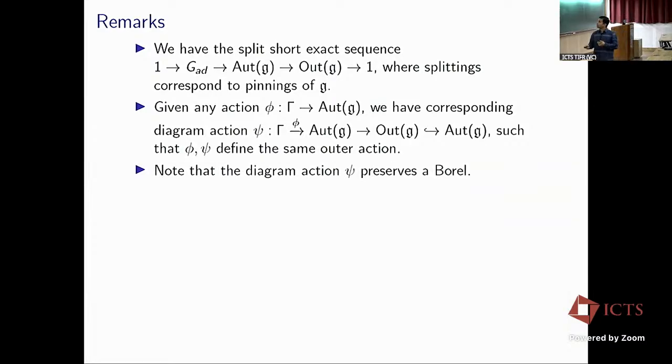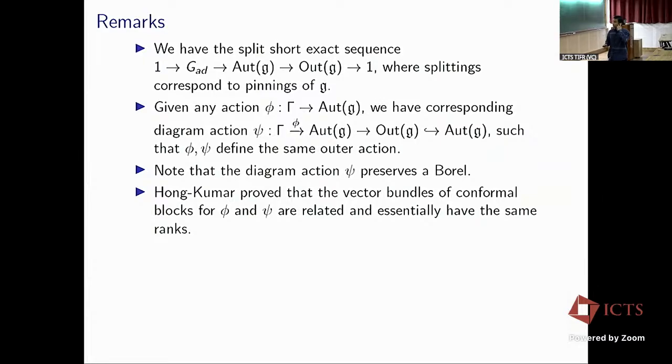The diagram action preserves a Borel, and Jiuzu Hong and Shrawan Kumar proved that essentially the vector bundles of conformal blocks for phi and psi are closely related, and they have the same ranks. So if you're only interested in computing the dimensions of the vector bundles, it's enough to consider diagram actions, because corresponding to any action, there is a corresponding diagram action.